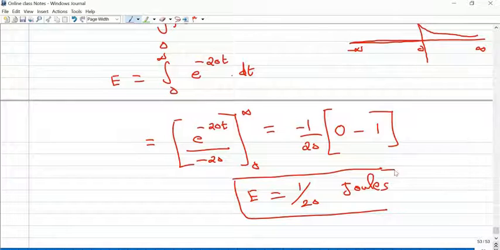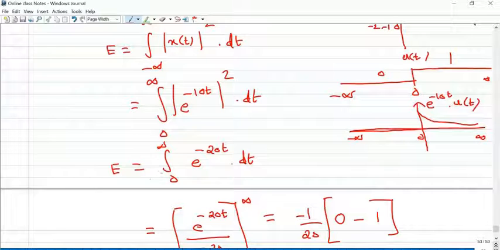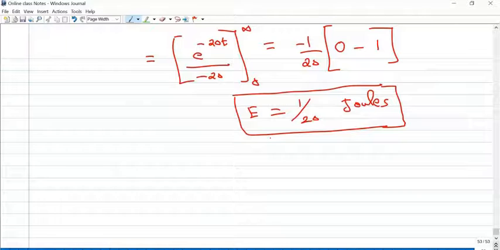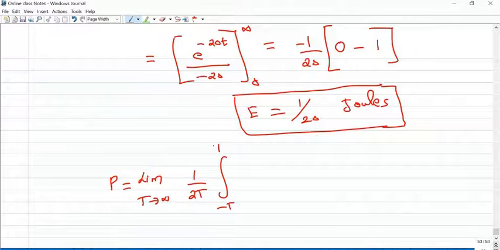For the given signal, to apply the formula for energy, after sketching the signal, we have to check the integration limit also. Finally, we derived the energy value as 1 by 20. Now check for power. Limit t tends to infinite, 1 divided by 2t, integration minus t to t of x of t square dt.